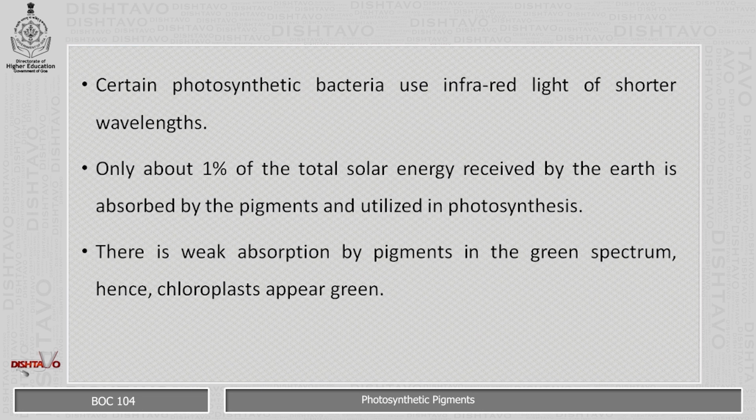There are certain photosynthetic bacteria which use infrared light of shorter wavelengths. Out of the total light energy received by the earth, only 1% of the total solar energy is absorbed by the pigments and utilized in photosynthesis. There is weak absorption of light energy by these pigments in the green spectrum. Hence, the chloroplasts appear green in color.